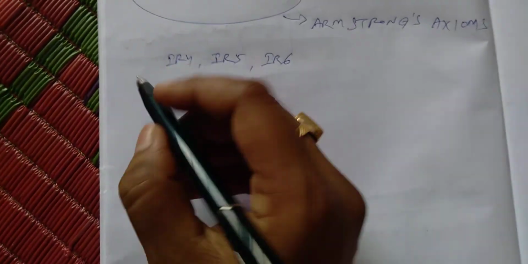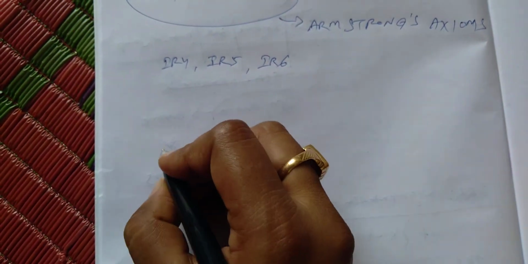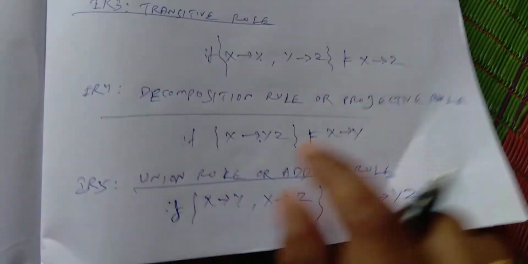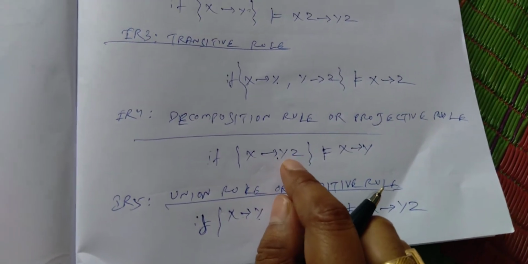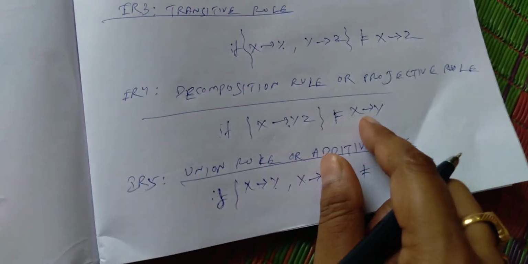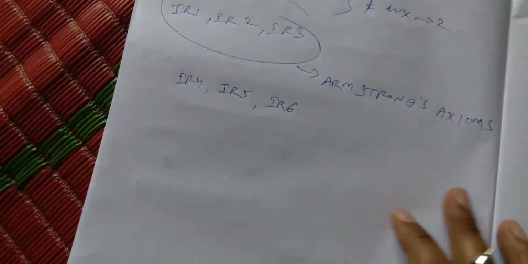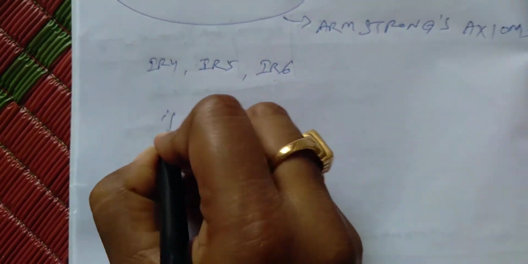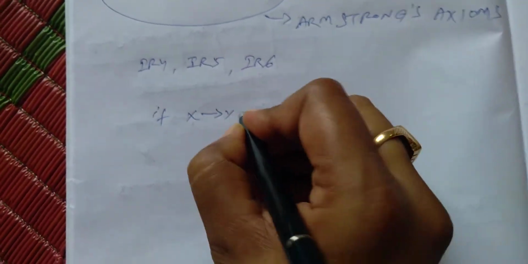Okay, you see one example here. Suppose I am saying IR4, inference rule 4. It says if x determines yz, then x will determine y. How you prove it?